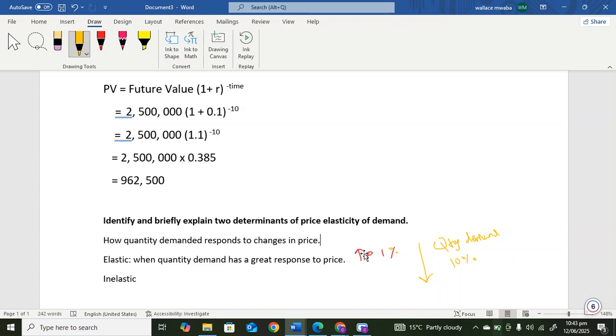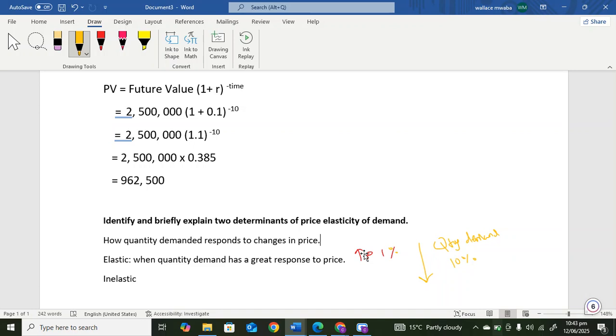Colleagues, so that's when demand is elastic. Now, when demand is inelastic, it means quantity demanded doesn't respond to changes in price. The response is not great.